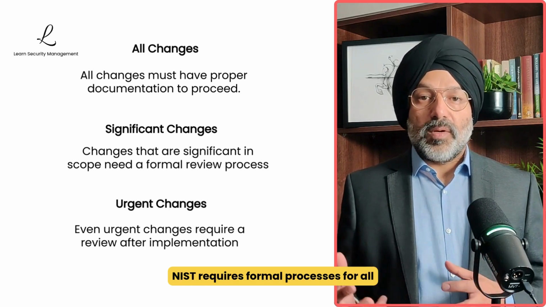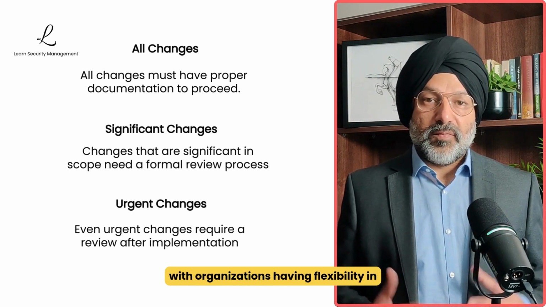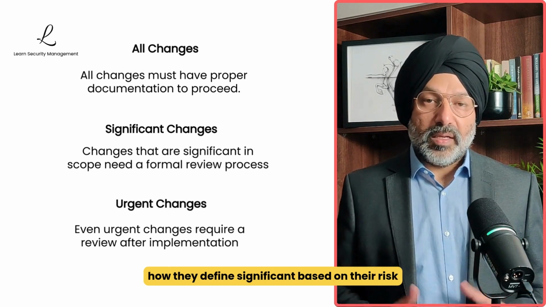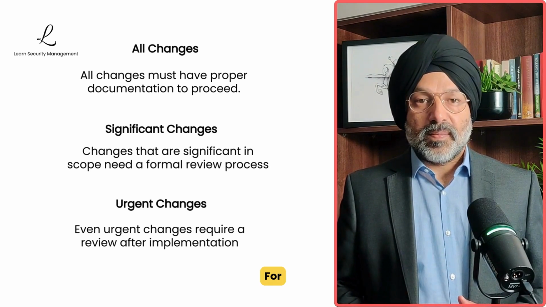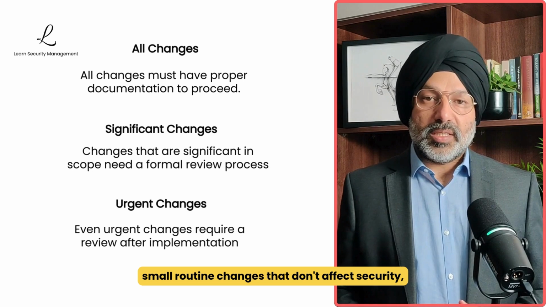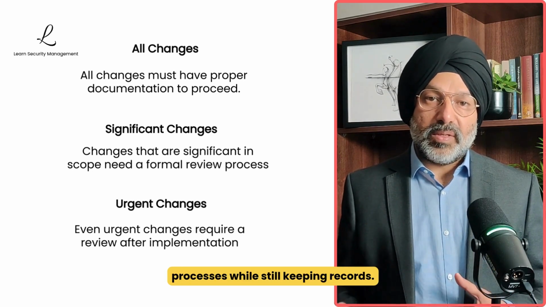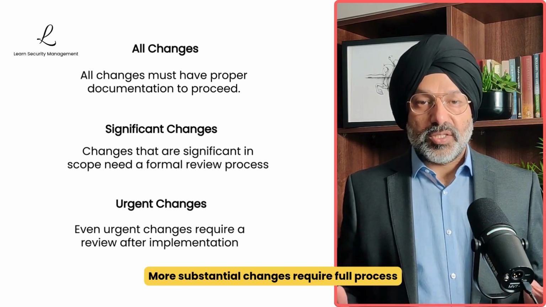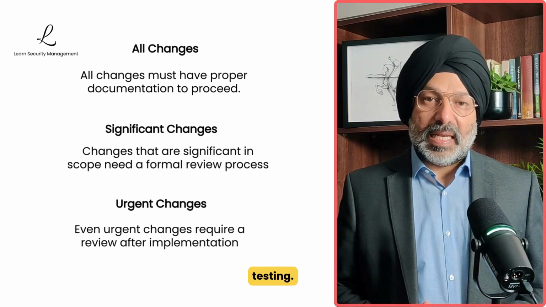NIST requires formal processes for all significant changes to information systems, with organizations having flexibility in how they define significant based on their risk tolerance and operational needs. For small routine changes that don't affect security, organizations can use simpler processes while still keeping records. More substantial changes require full process compliance, including formal approval and testing.